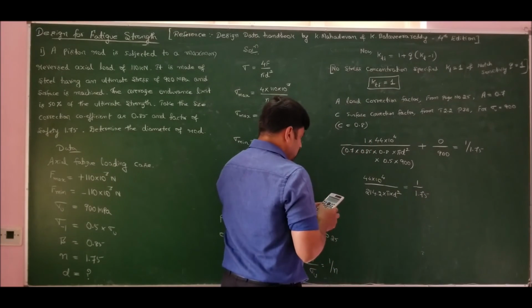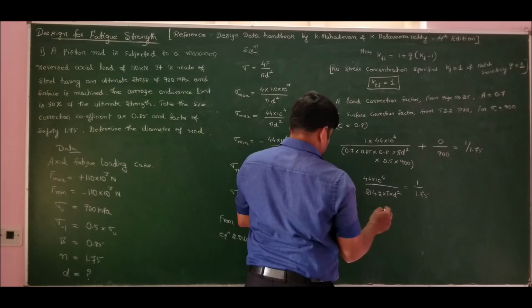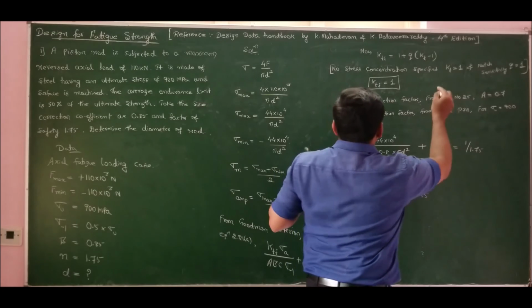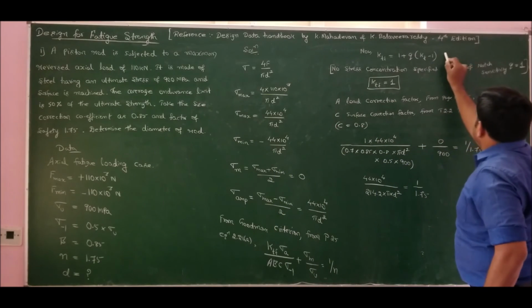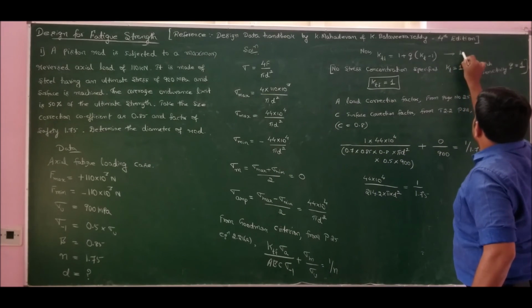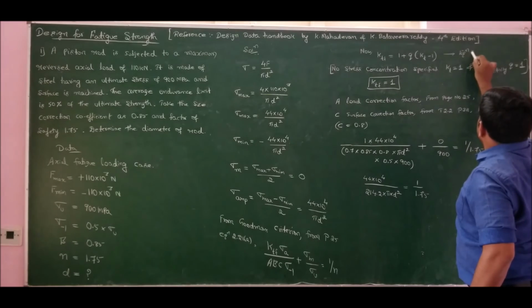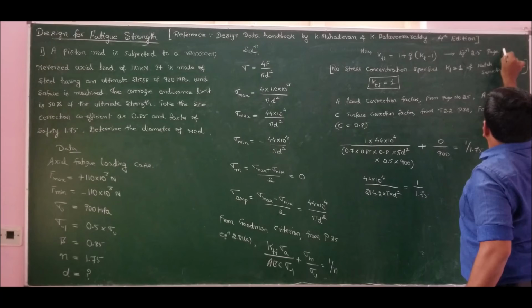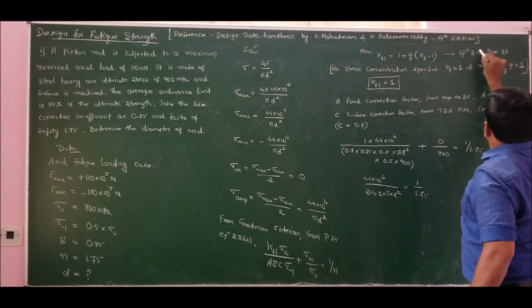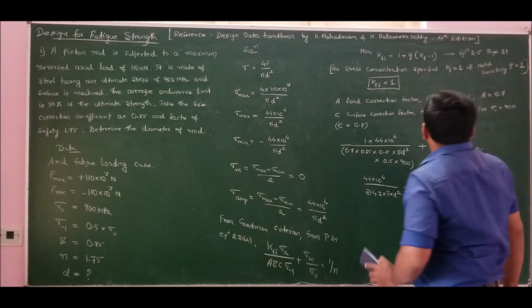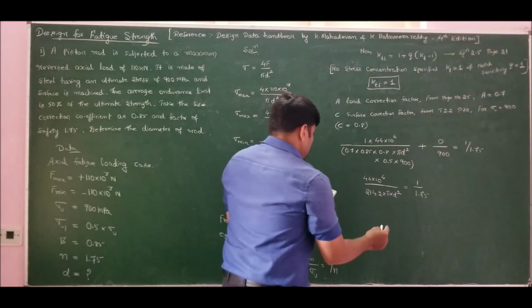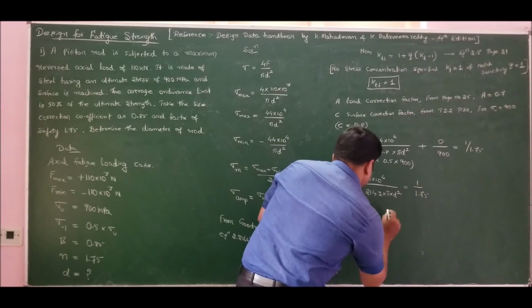So if I solve this, it is taking its time. Meanwhile, I had not given the equation number, so this is from equation 2.5, referring to page 21. Very important, make a note of it. Equation 2.5, page 21. So the answer came, the value of diameter is 33.82.